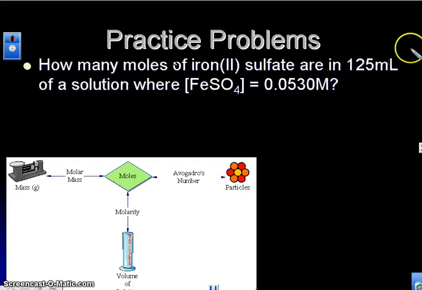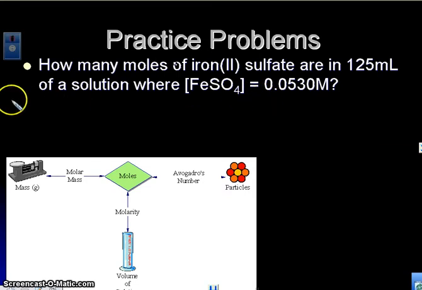Our first problem, take a minute to read, pause if you need to. Our first problem asks, how many moles of iron sulfate are in 125 milliliters of a solution where, remember the square brackets mean the concentration of, but also that is the molarity of the solution, is equal to 0.0530.